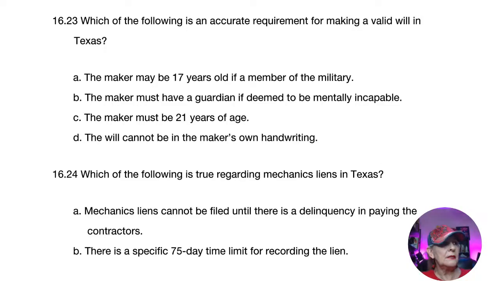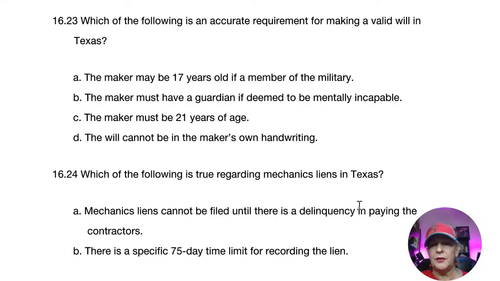The answer is A. The maker may be 17 years old if a member of the military. Because if they're old enough to be recruited or drafted and go to the military, then they're old enough to make a valid will.